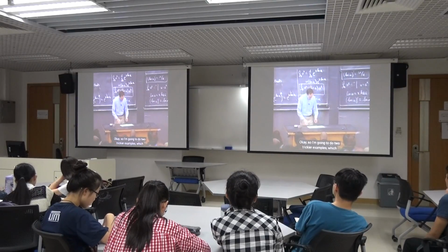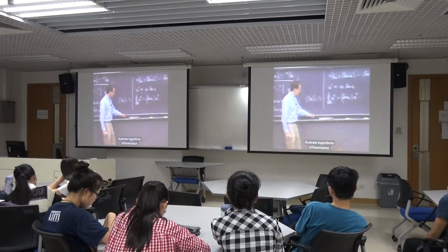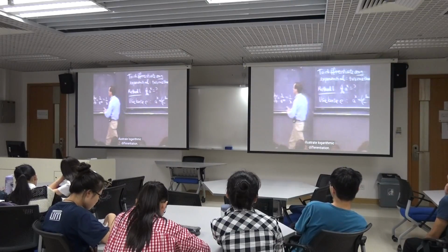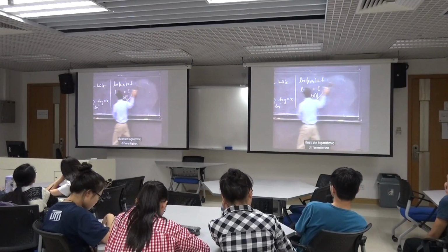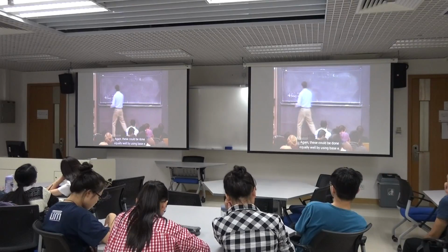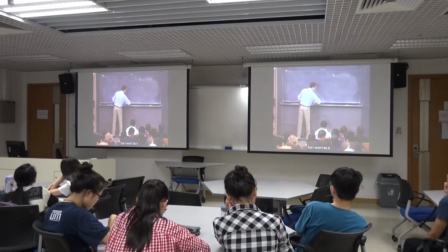Okay, so now I'm going to do two trickier examples which illustrate logarithmic differentiation. Again, these could be done equally well by using base e, but I won't do it.